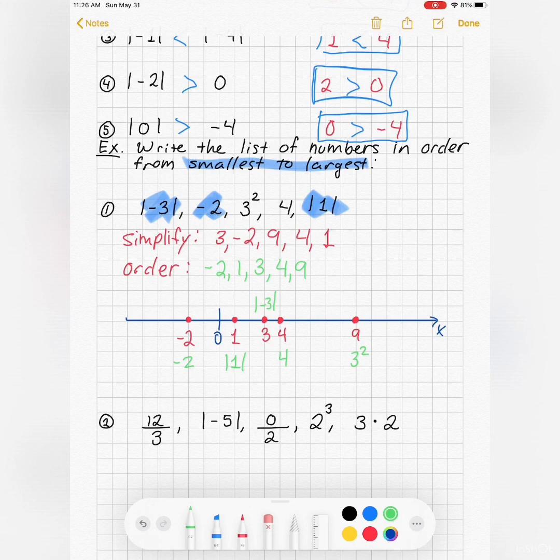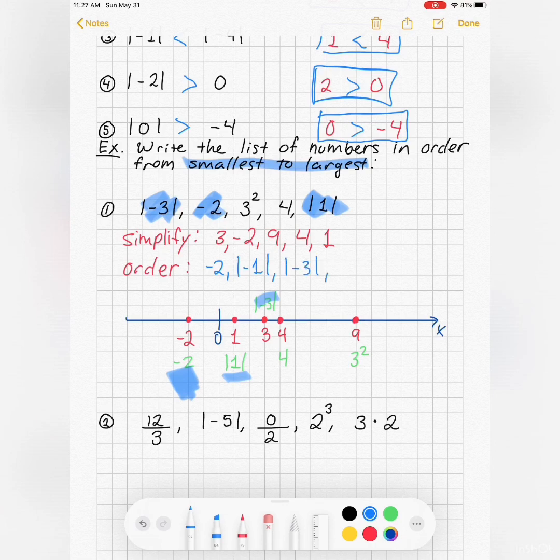I think it would be cool to write our answer listing the numbers in the format in which they were presented. So on the far left, I'll use a different color, I have negative 2. The next number is the absolute value of negative 1. The next number, the absolute value of negative 3.